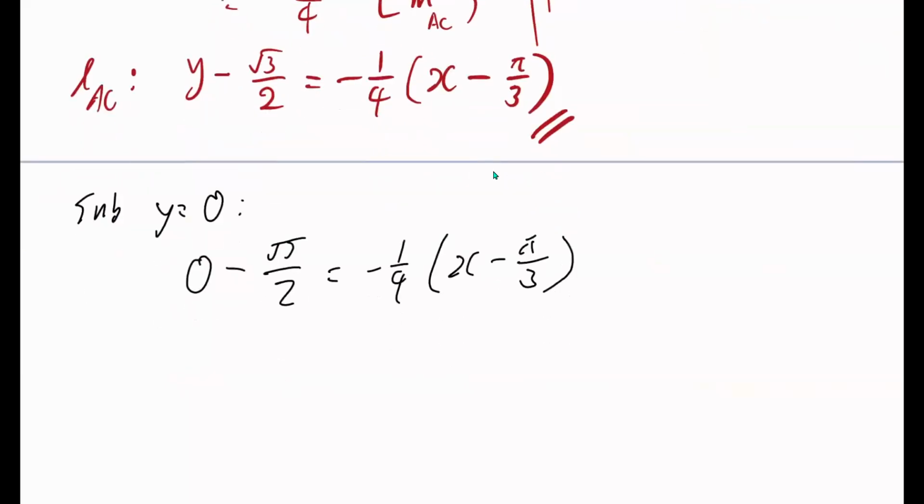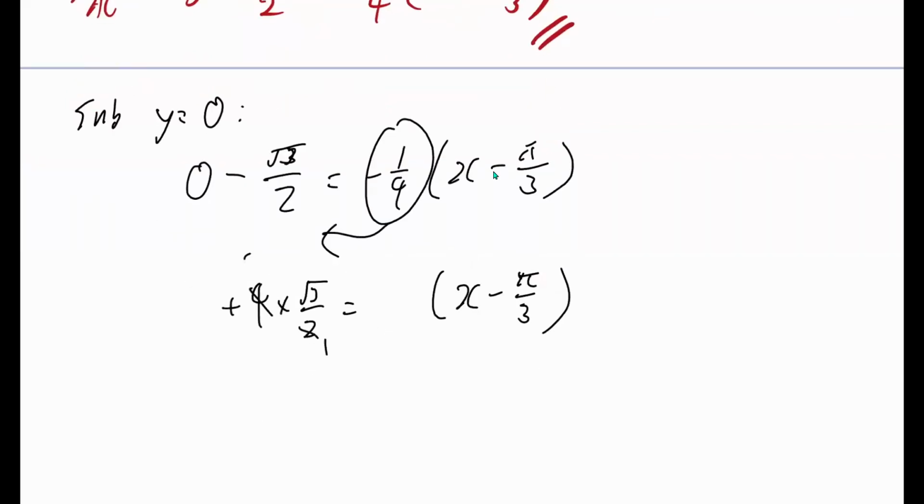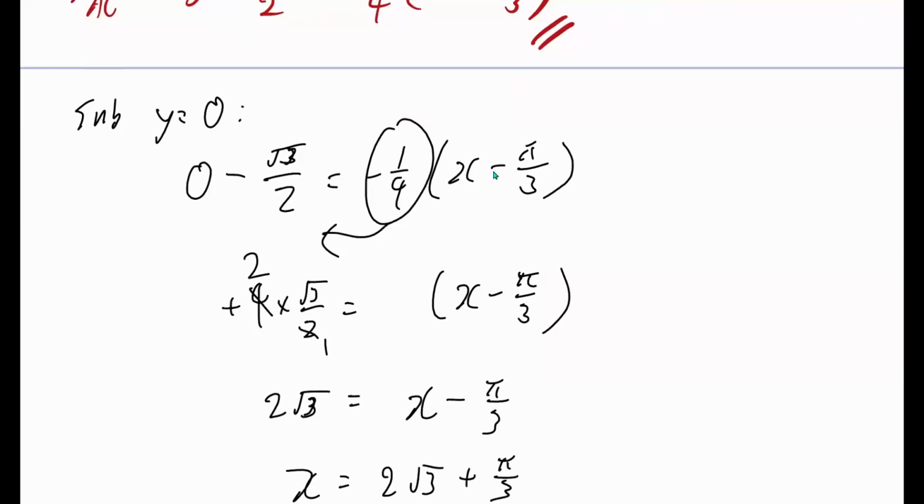From there, you can solve for x. So let's multiply by negative 4 over. We end up with positive 4 times root 3 over 2 equals x minus pi over 3 on the right hand side. 4 and 2 cancel, you're left with 2 root 3 equals x minus pi over 3. Solving, you get x equals 2 root 3 plus pi over 3. Okay?